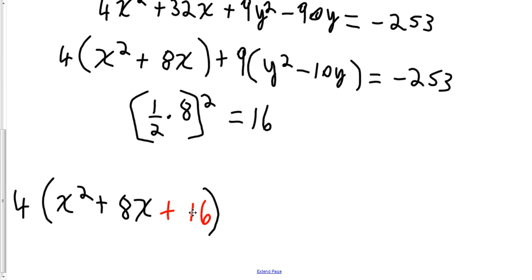So you're only adding the 16 locally, but globally you're adding 16 times 4, which is 64. So I'm adding 64 to the left side, and in turn I also want to add 64 to the right side, plus 64.